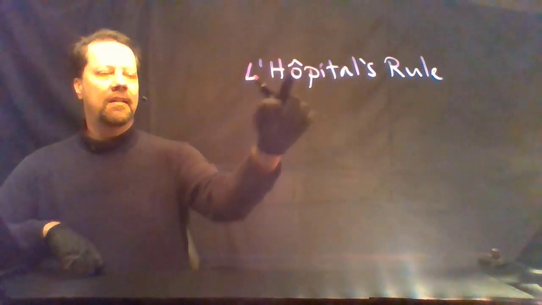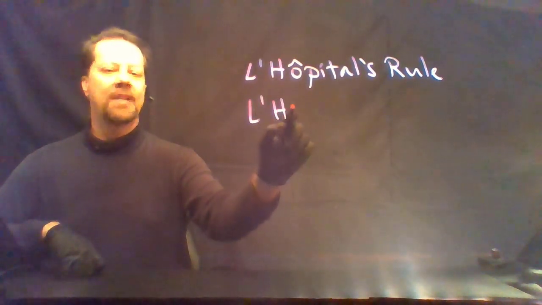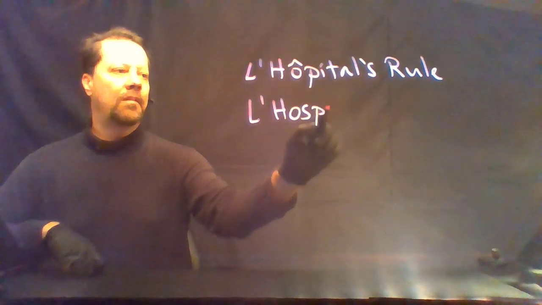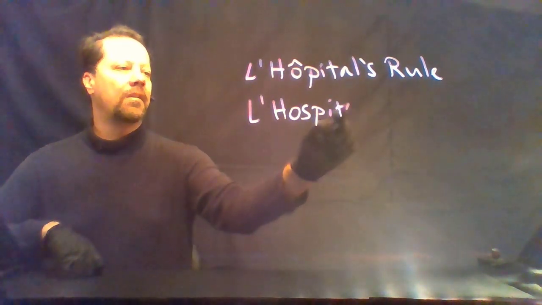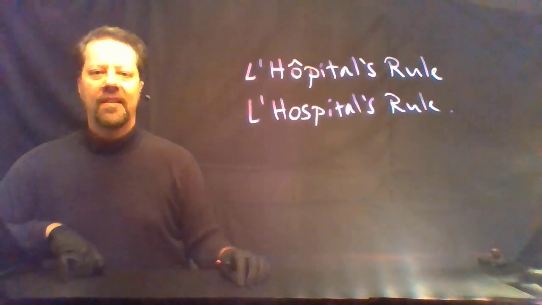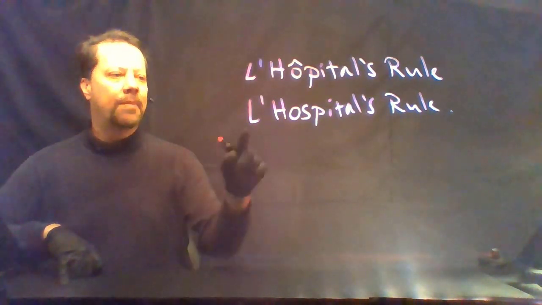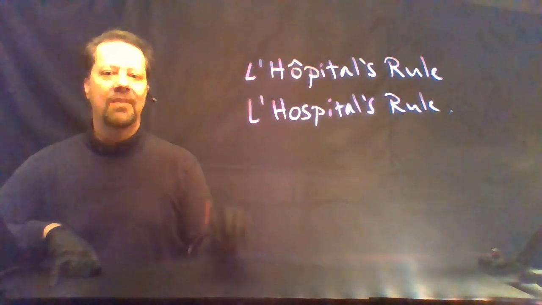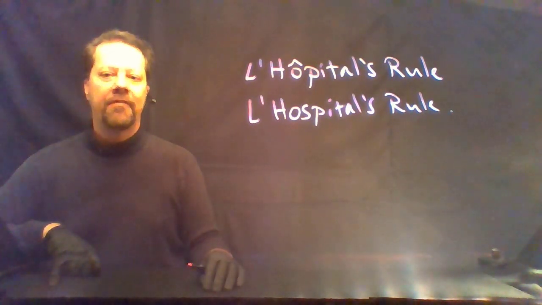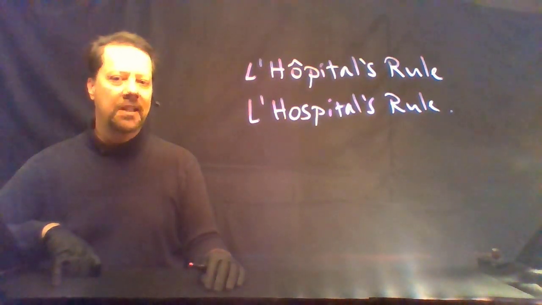If you don't put the little caret over the top of the O, this is sometimes spelled L'Hopital's rule. This rule is named after the Marquis de L'Hopital, who published a calculus text in which this theorem first appears. The theorem, however, was not proved by the Marquis de L'Hopital.